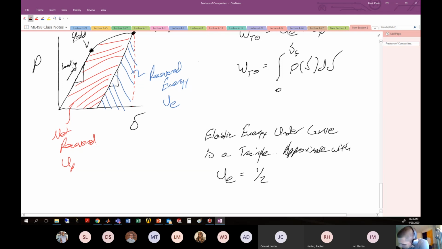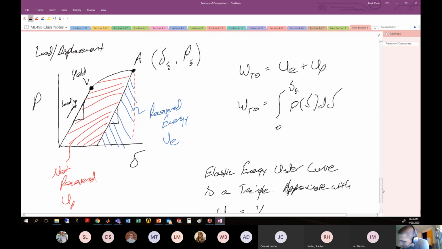So here, this is 1/2 my base. Here I have the final displacement of my total loading. And let's say that it unloads and has a residual displacement down here, which I call delta P. This is known as the plastic displacement.